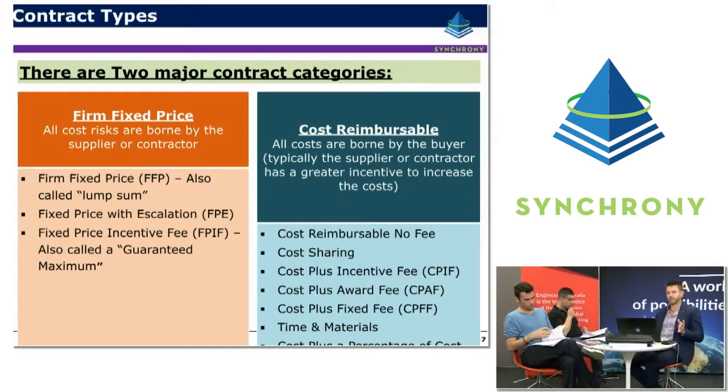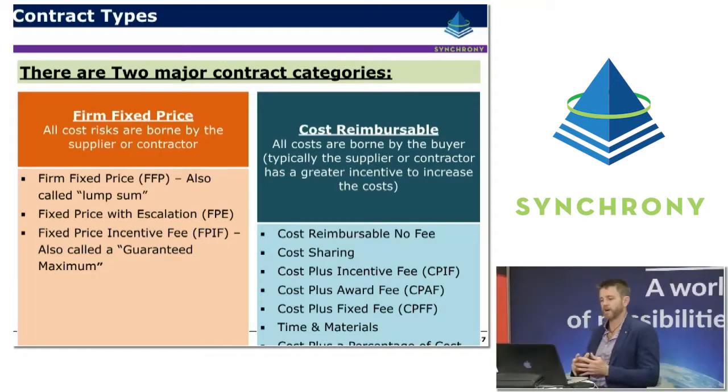The other sort of model, where the risk generally tends to be borne by the contractor or the supplier, is firm fixed price, or lump sum as it's commonly called. Some of the models within this category include fixed price plus escalation, or fixed price with an incentive fee.